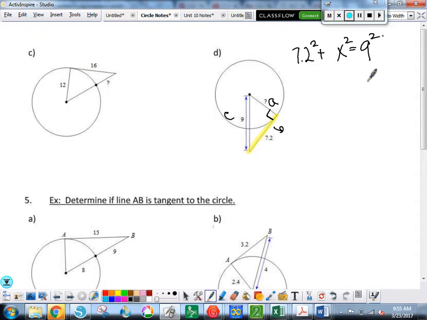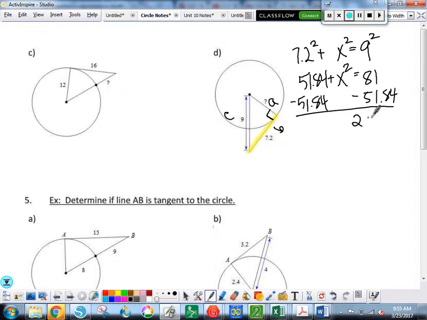Now these numbers I don't know. So then we're going to subtract the 51.84. Okay, and then to cancel the squared, square root it. So then x equals 5.4.